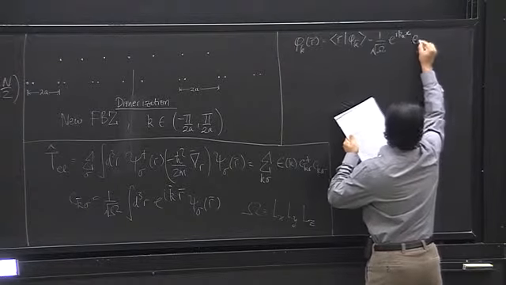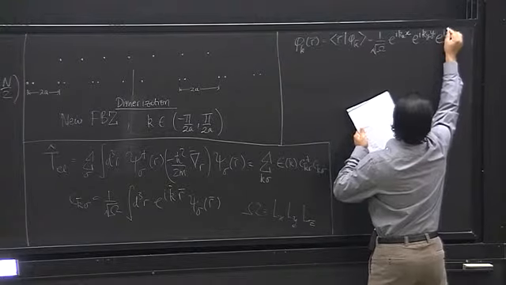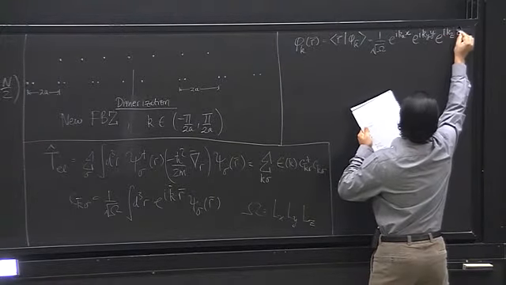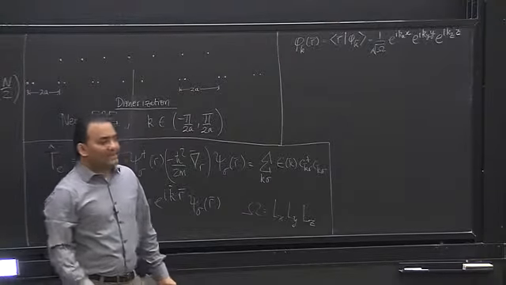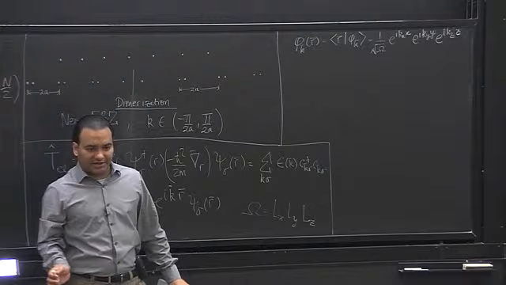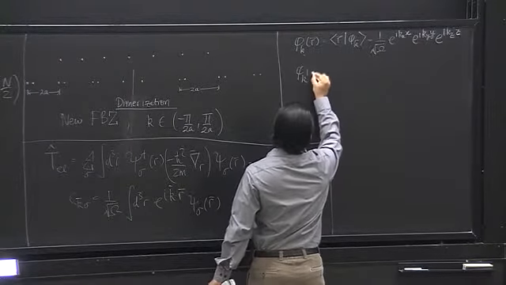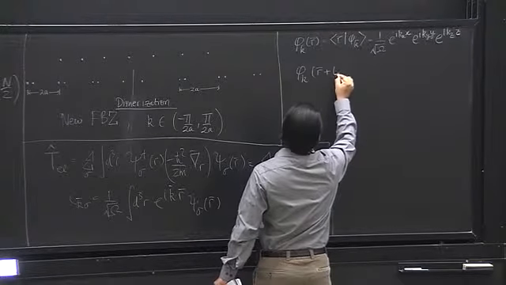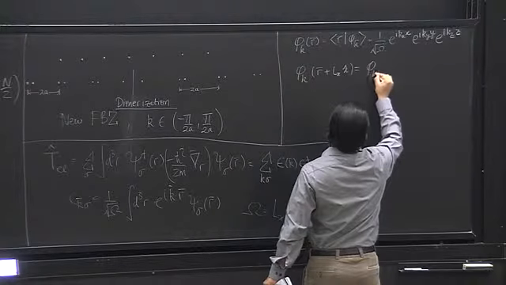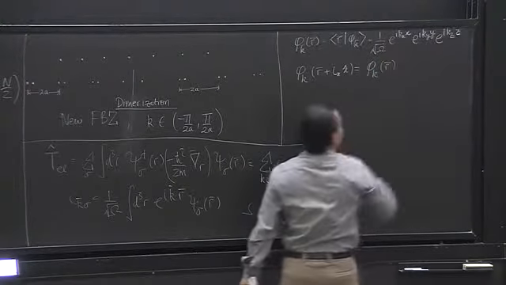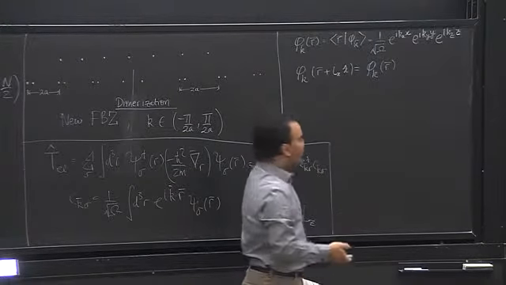Next, I'm going to impose periodic boundary conditions. I'm simply saying that the system is such that the wave function, if you add Lx in x hat, is the same as phi k r. So in the x direction, if you add the total length, you get back to where you were.